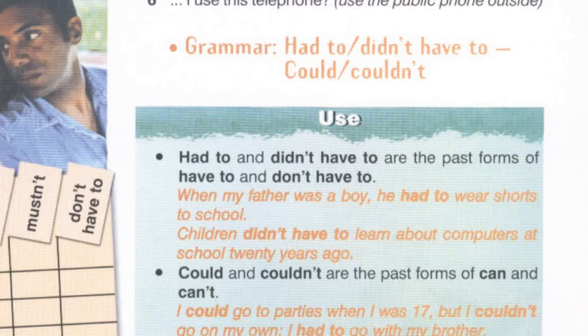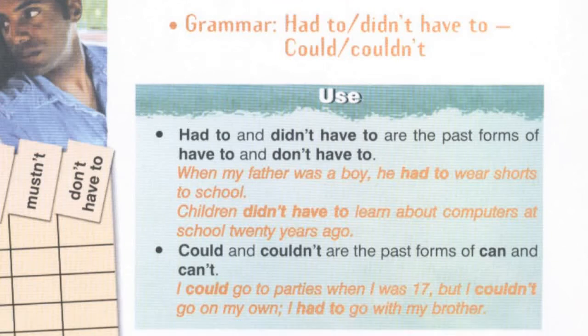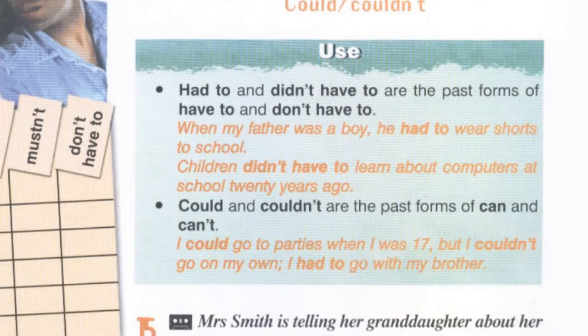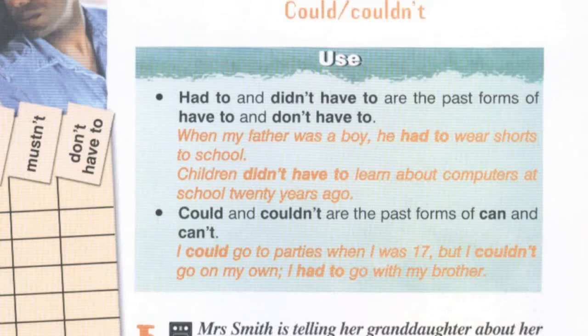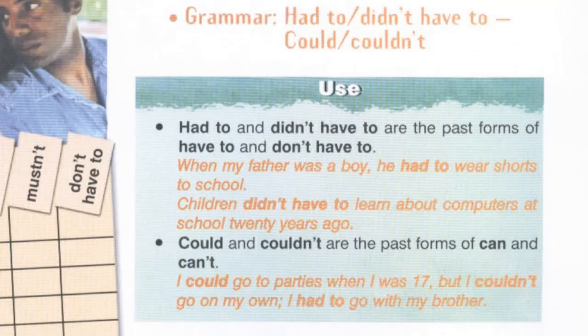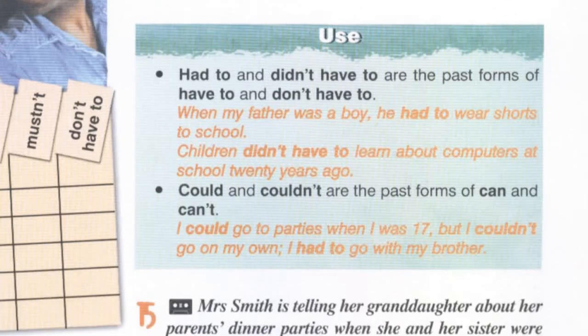Had to and didn't have to are the past forms of have to, didn't have to, necessity, and could, couldn't are the past form of can, permission. So can for permission, and have to, didn't have to, and had to, didn't have to. These are the past form of situation which is necessary.